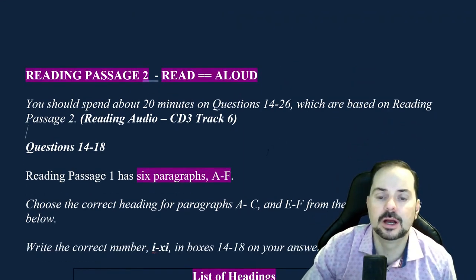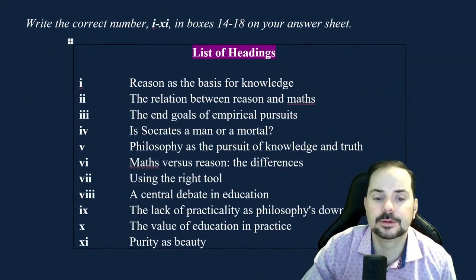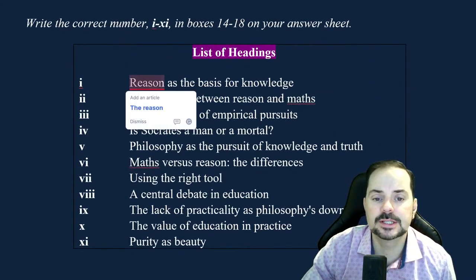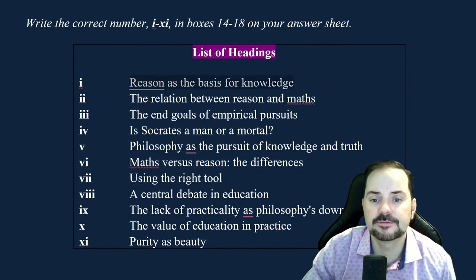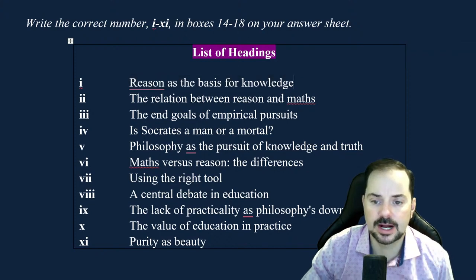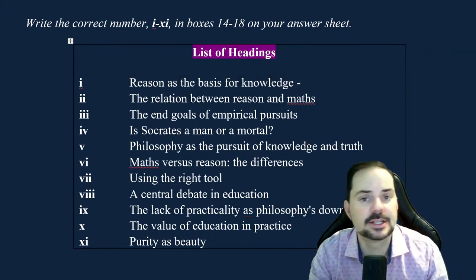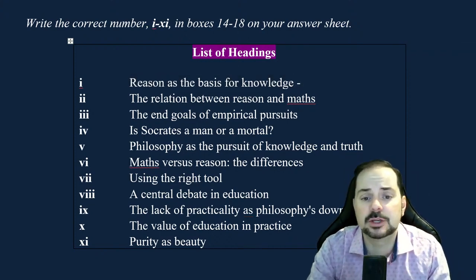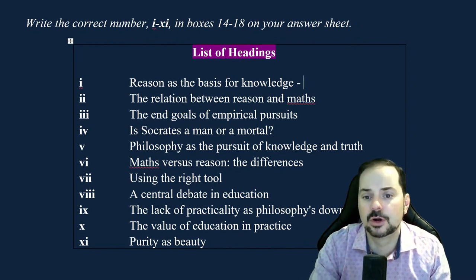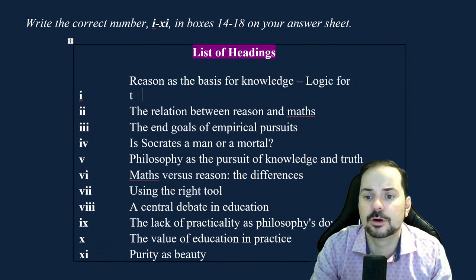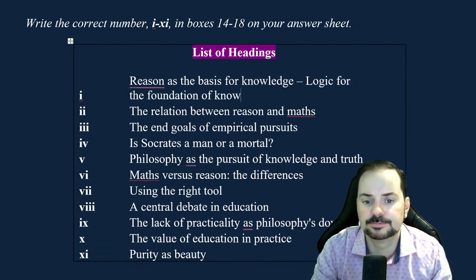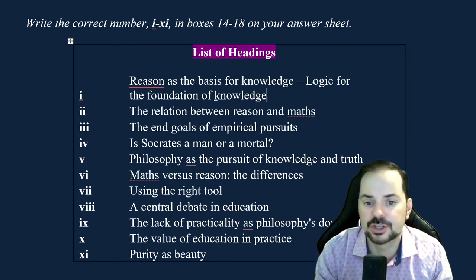All right. So let's read this. Reasons as the basis for knowledge. So I would paraphrase this in my head, and it doesn't have to be perfect. It just has to be good. So, logic for the foundation of knowledge or information, right?